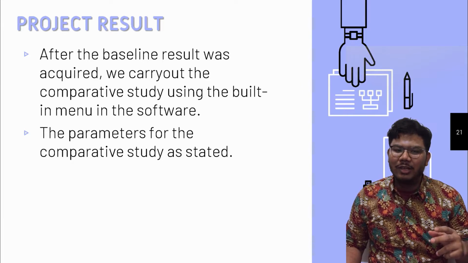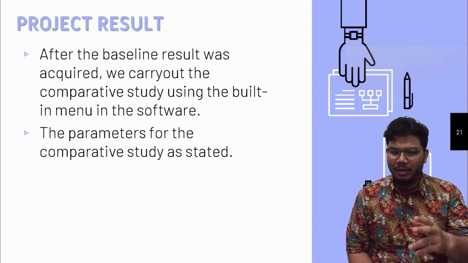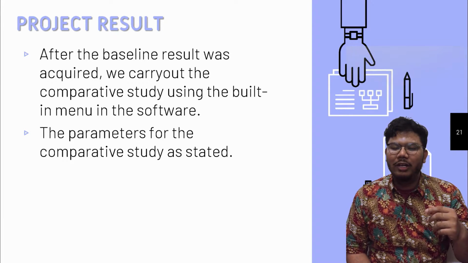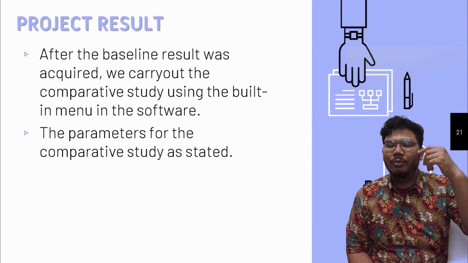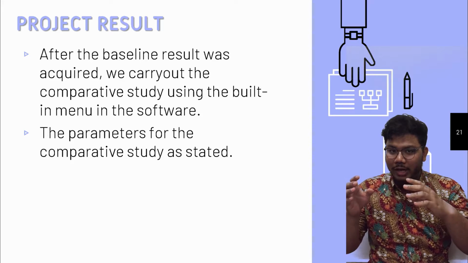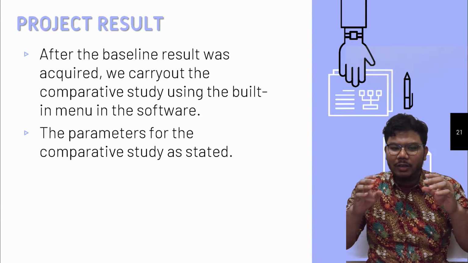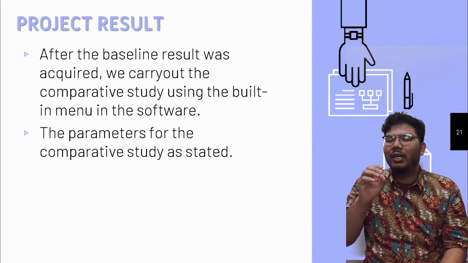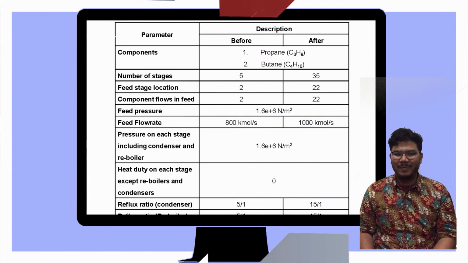I will present about the project result, the comparative study. After a baseline result was acquired, we carried out the comparative study using the built-in menu in the software. The parameters for this comparative study are stated here.